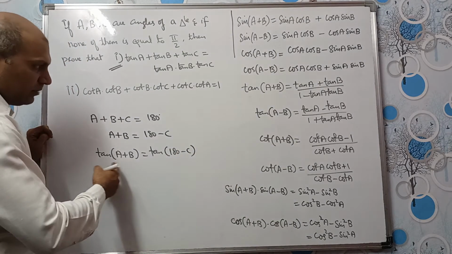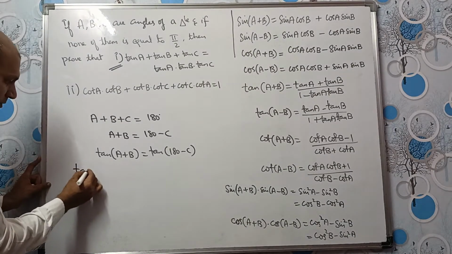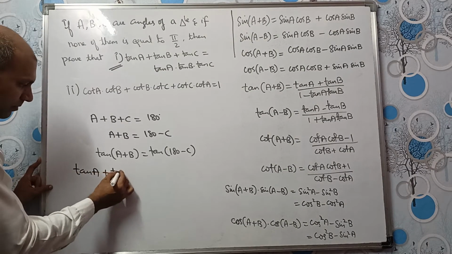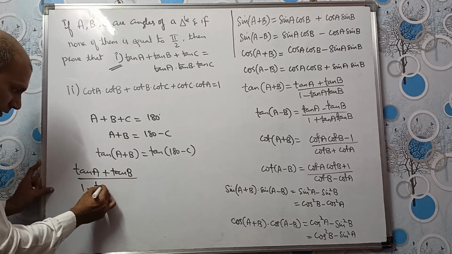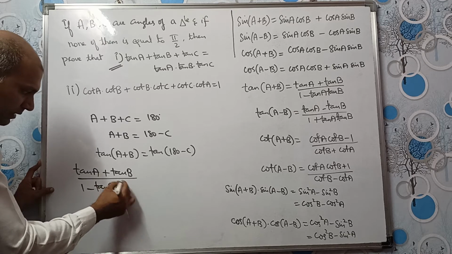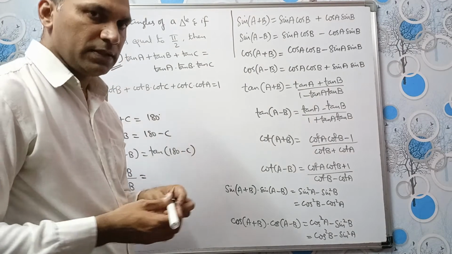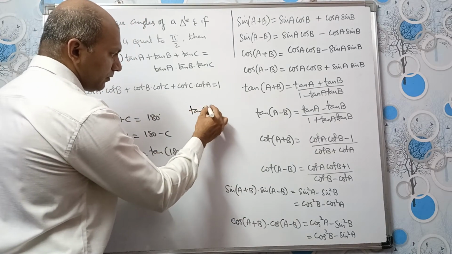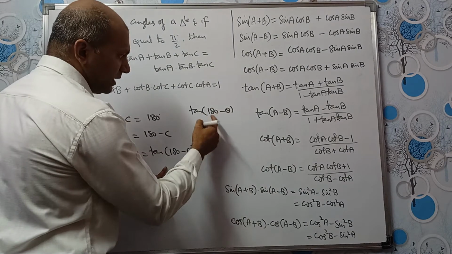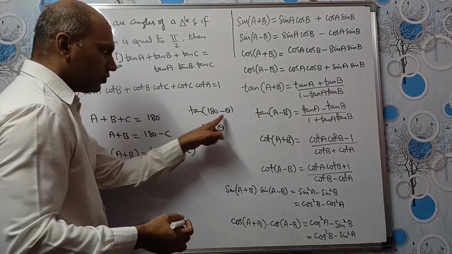Tan(A plus B) formula, write it: tan A plus tan B divided by 1 minus tan A tan B is equal to tan(180 minus C). What is tan(180 minus θ)? At 180 the ratios will not change, so tan will remain tan. So it should be tan θ.